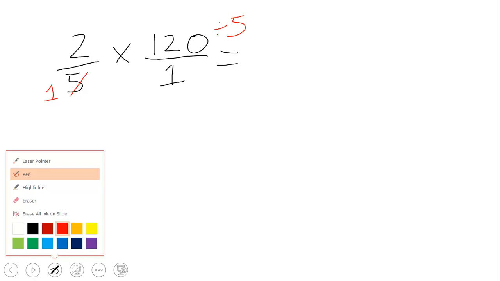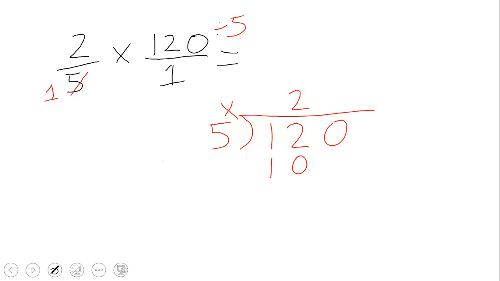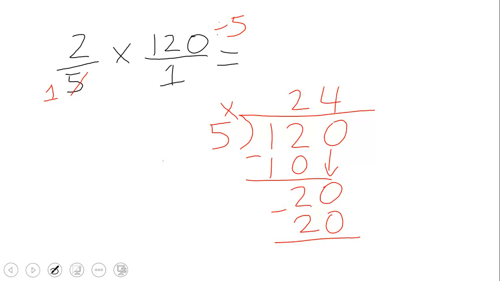What is that? Let us perform the division. So we have 5 as the divisor and 120 as the dividend. So we say 5 times 2 is 10, and we subtract. 12 minus 10 is 2, and we bring down the 0. 5 times 4 gives us exactly 20, and we subtract and we get 0.